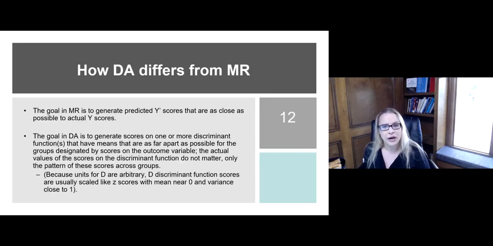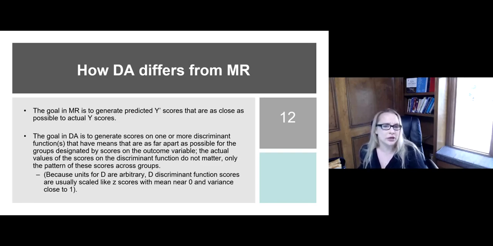In multiple regression, we are trying to predict a score for Y. So for example, I might want to predict income for 10 years based on these factors. Or I want to predict how many jobs you will have had based on several variables. In discriminant analysis, we are trying to predict a group where they belong.